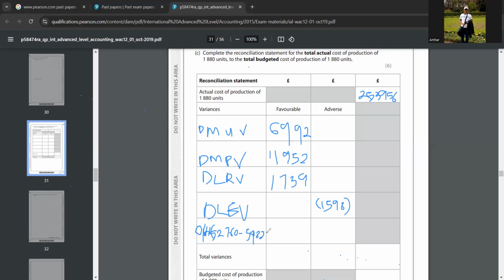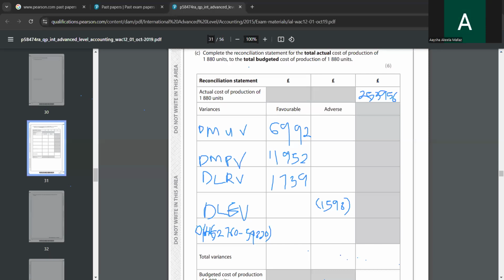When you do this, what's the answer you're getting? 2,060 adverse. So here it's 2,060.